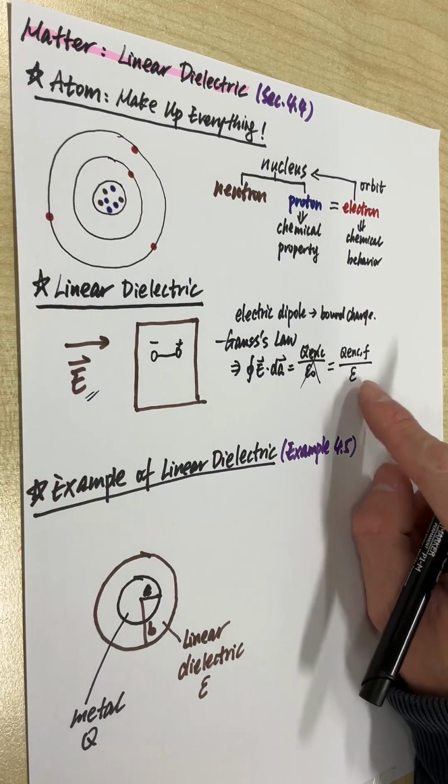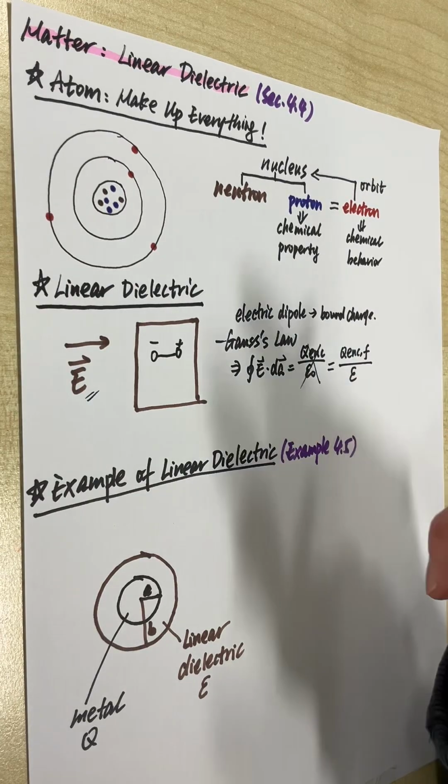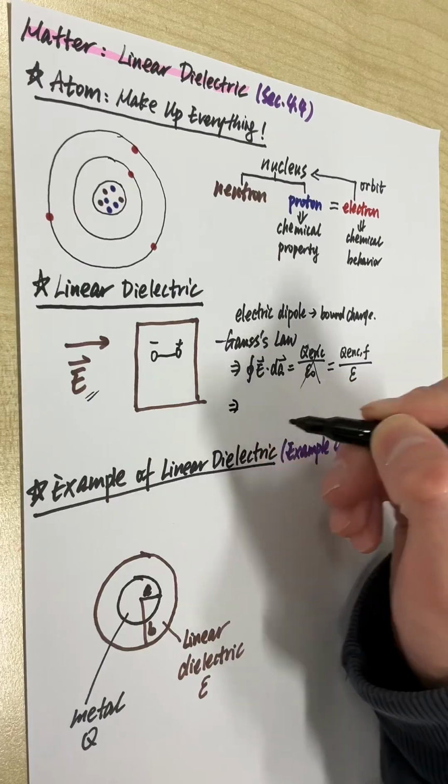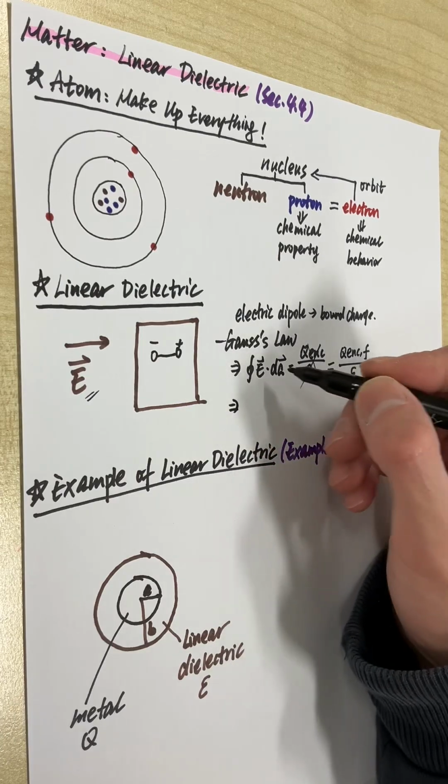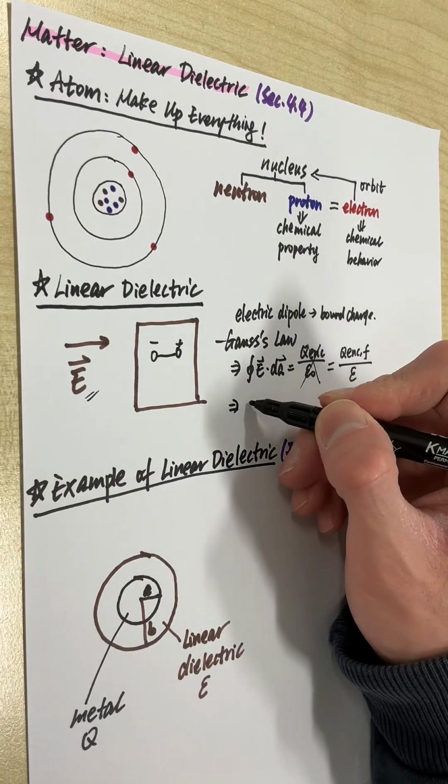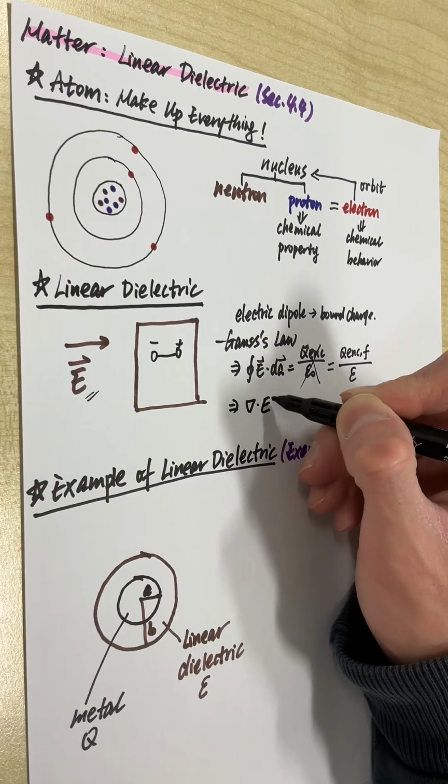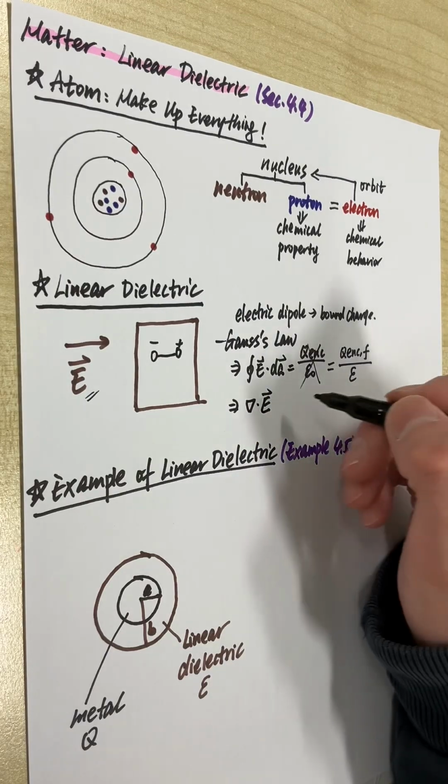So this probably would be clearer in differential form. So here we have the divergence of the electric field.